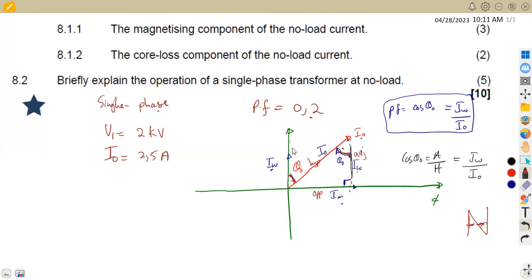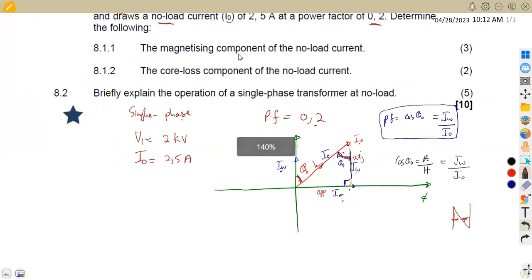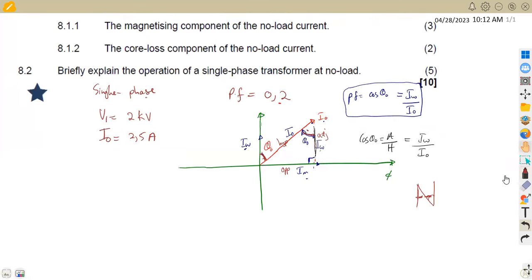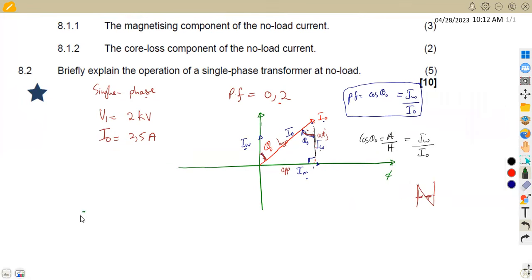So the first question was on finding the magnetizing component of no load current, which is IM. So IM can be taken from this part because we have this no load current. Let me just have it aside as 8.11. So we need to calculate IM, but from which part? If we are to take here, we are going to use opposite.